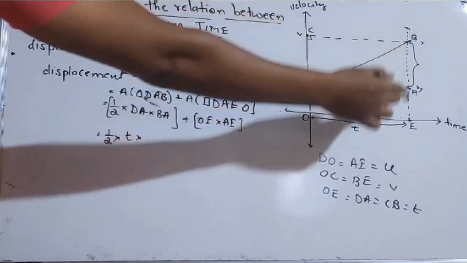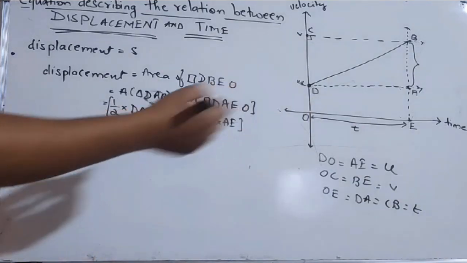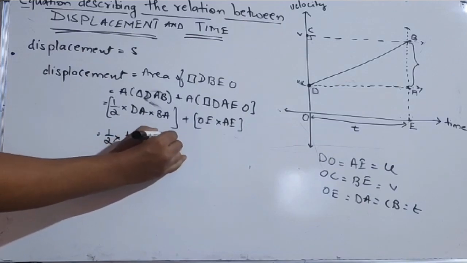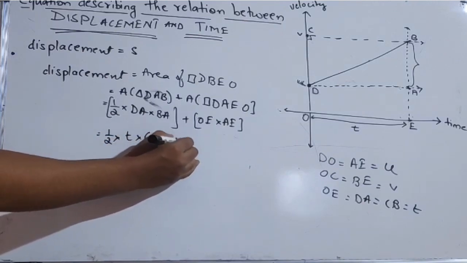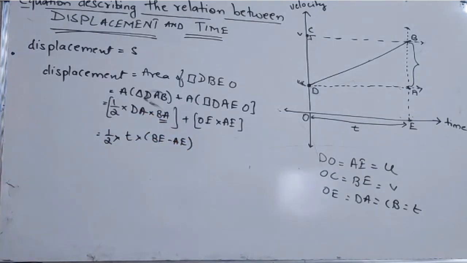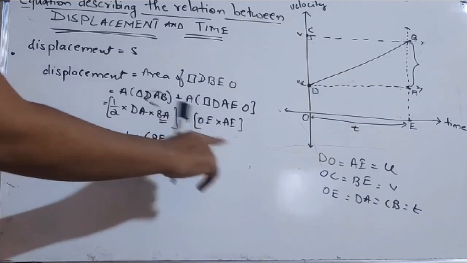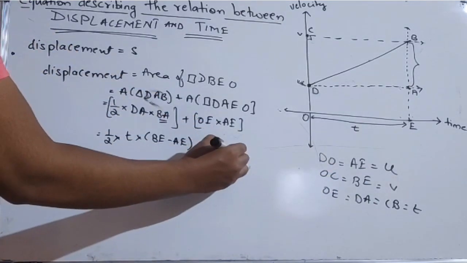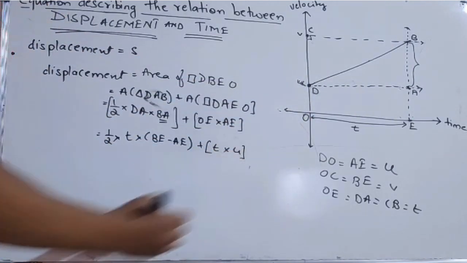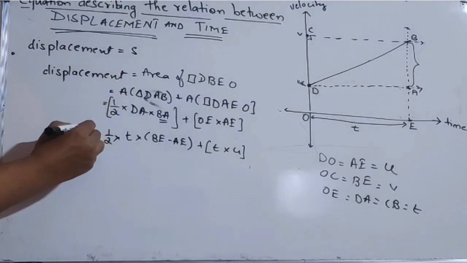BA will be V minus U, or for your understanding I'm going to write BA as BE minus AE, plus, what is OE? OE is T multiplied by, what is AE? AE is U.